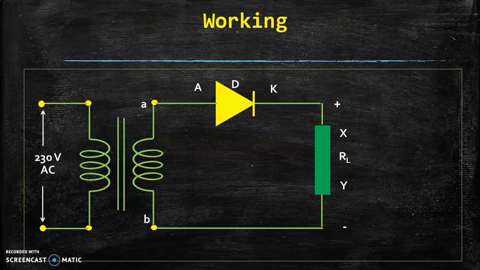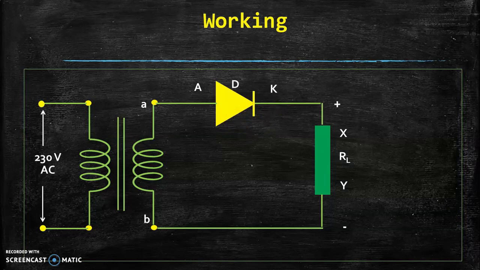Now let us understand the working of the half wave rectifier. Here we have the secondary of the transformer, point A as well as point B. We have the anode of the diode, we have the cathode of the diode, we have a load connected in series with the diode, we have positive terminal, we have negative terminal, and across the load we have terminals X and Y. So during positive half cycle, point A is positive compared to point B. Anode is connected to point A. So during positive half cycle, anode is more positive compared to cathode, and diode D is forward biased.